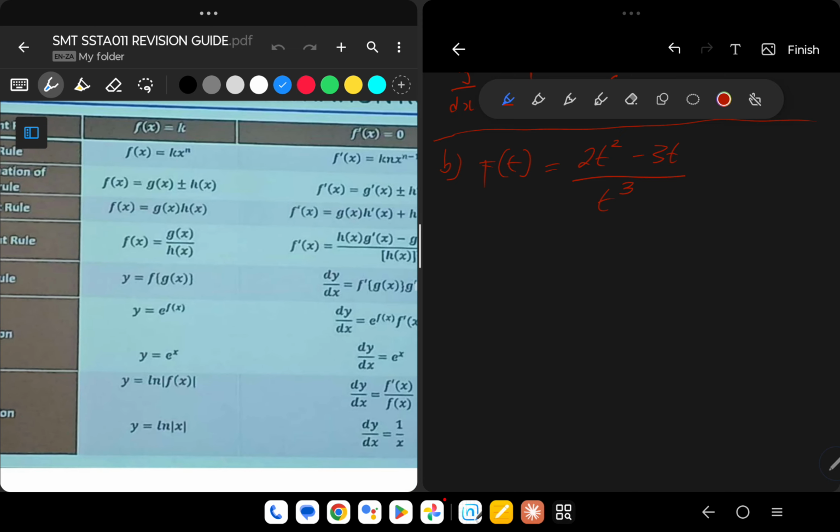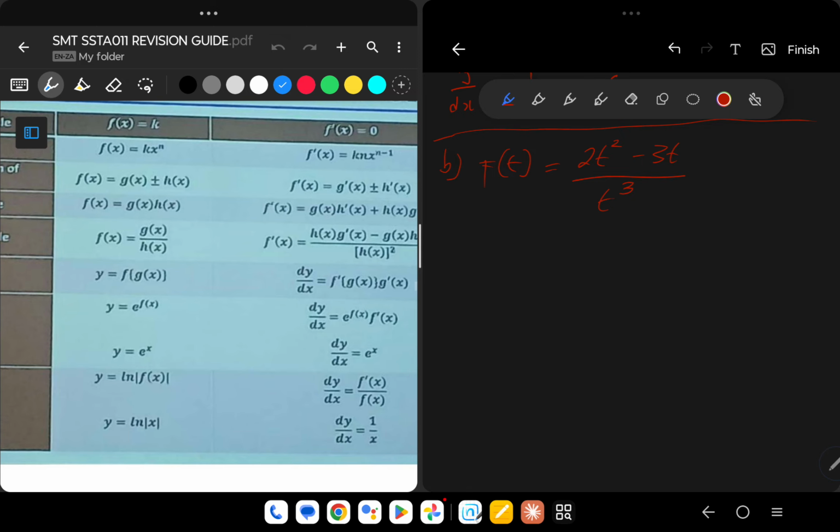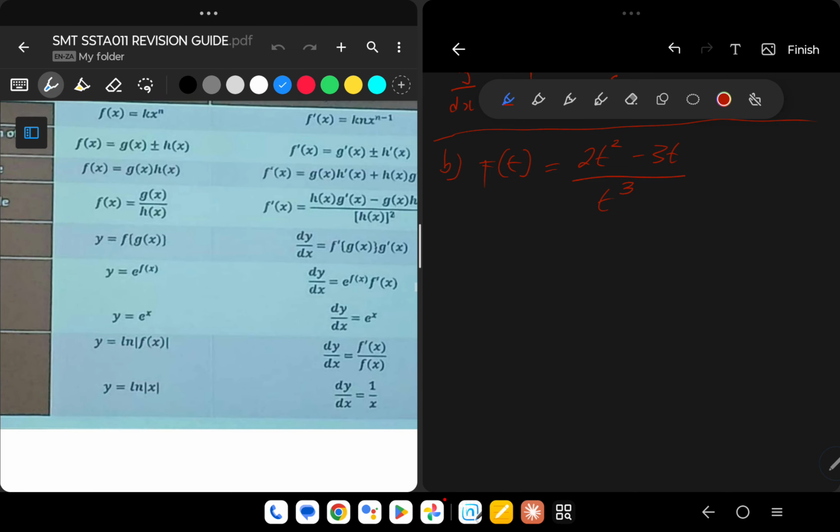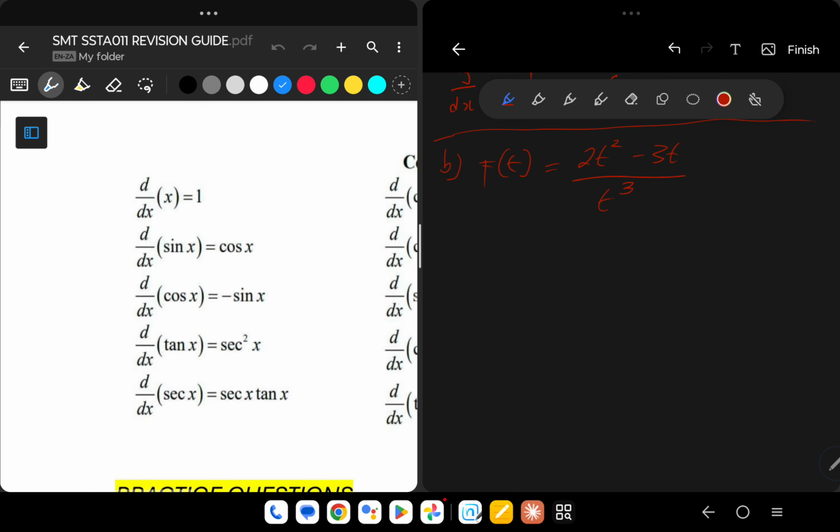So you use the quotient rule if you have a function above as perhaps g of x, and also a function below. But in this case, we do not have a function above and a function below. We just have our t.